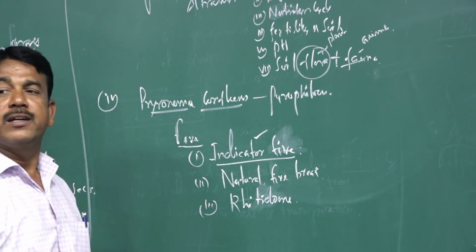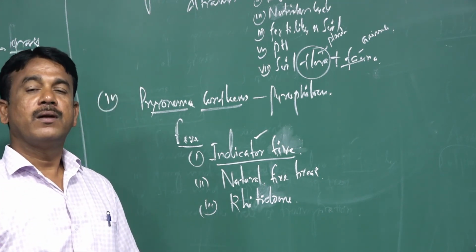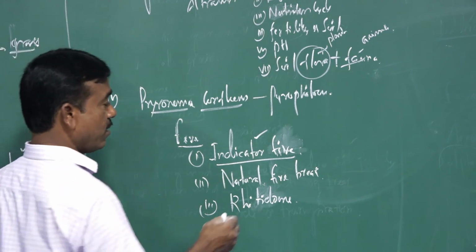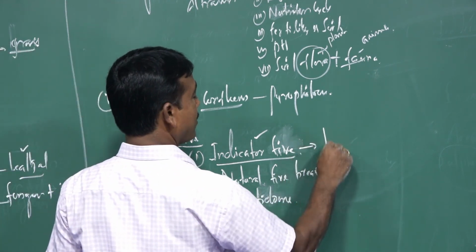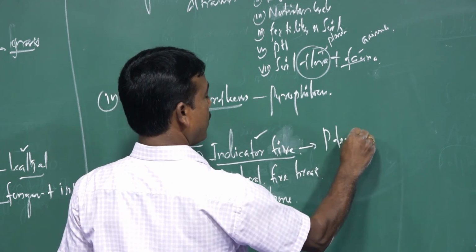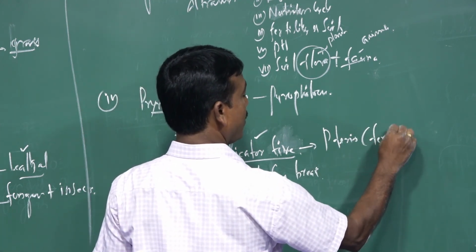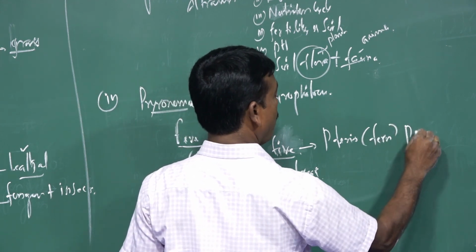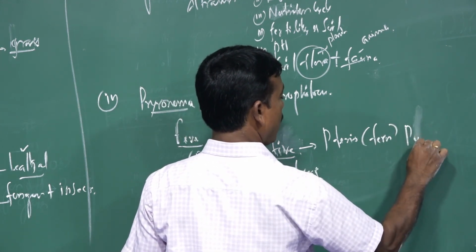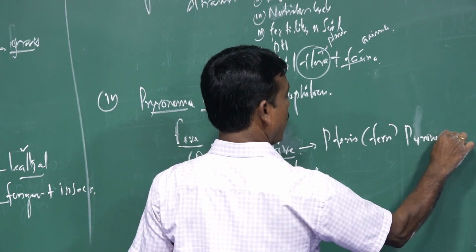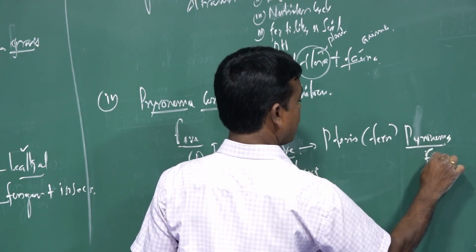What do I call indicator fire? Some other components are commonly called as bracken fern and Pyronema fungus.